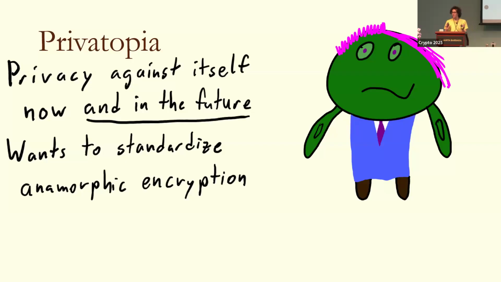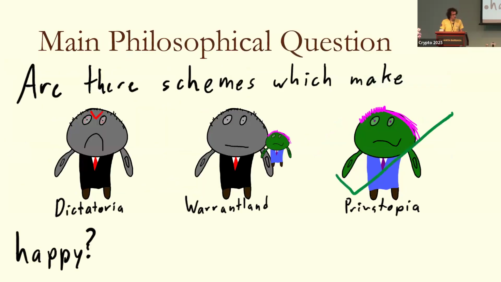We would want to define an anamorphic encryption protocol, a protocol that allows anamorphic encryption with the strongest possible properties. And so we're going to talk about schemes that exist for all 3 of these worlds. We developed some Privatopia schemes in the paper. I'm actually not going to talk in detail about them now, but they roughly revolve around unforgeability. But I'm going to talk about schemes that make Dictatoria and Warrant Land both happen.